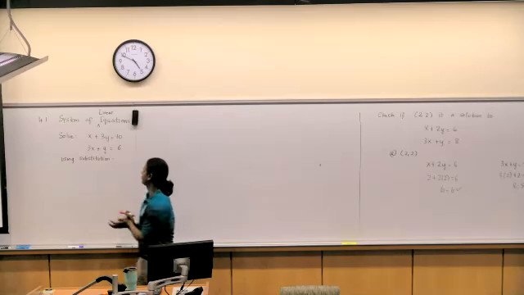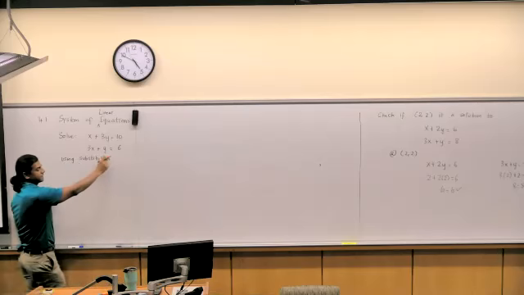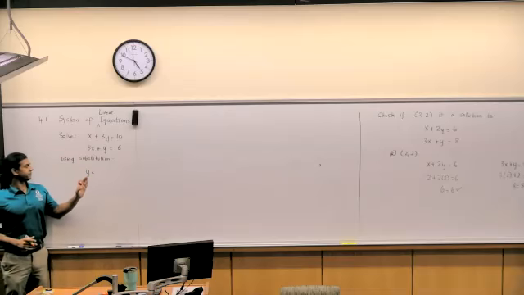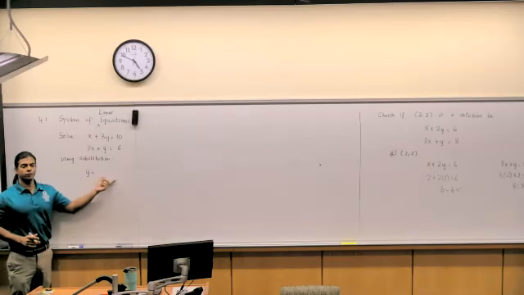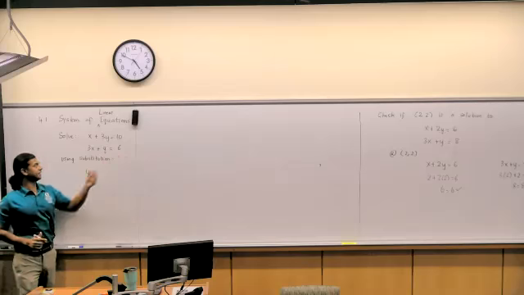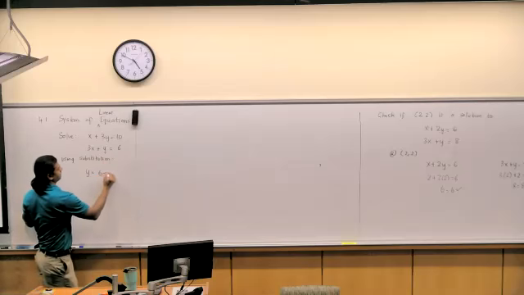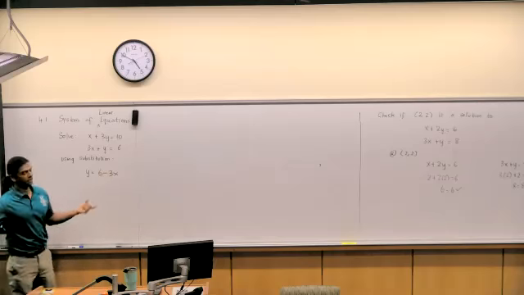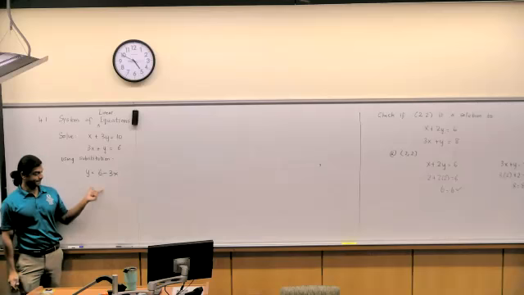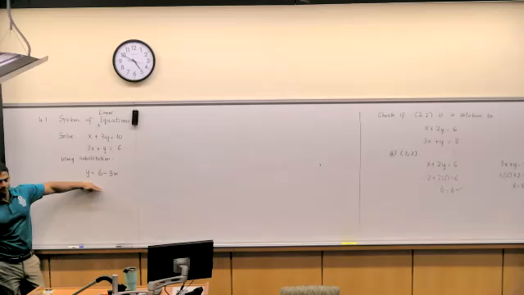So I'll pick y, take the second equation and rewrite it so that I get an equation for y by itself. So I'm going to move 3x to the other side. y would be equal to 6 minus 3x. This is my substitution.